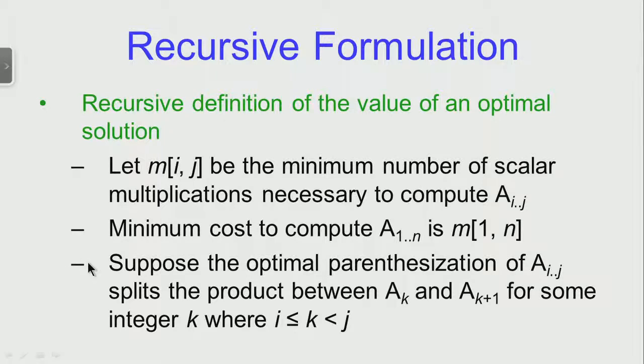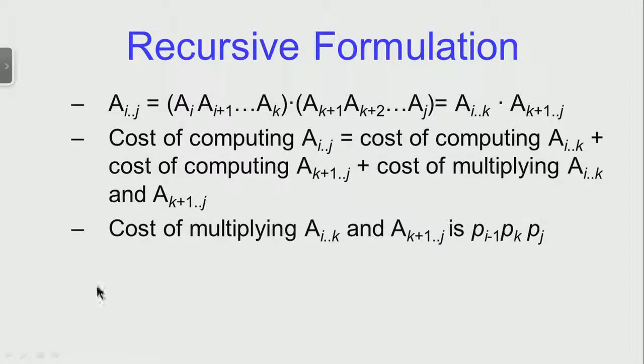Suppose the optimal parenthesization of Aij splits the product between Ak and Ak plus 1, where k is a number in the range i to j. Then we write down a recursive formulation of m[i, j]. The recursive formulation uses this parenthesization.